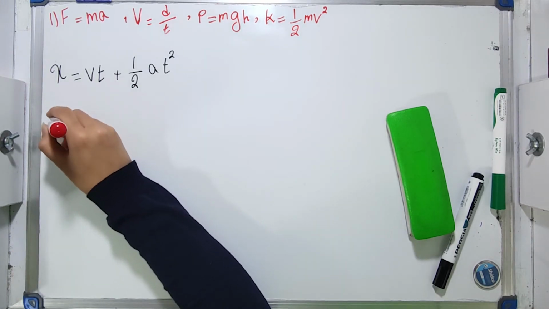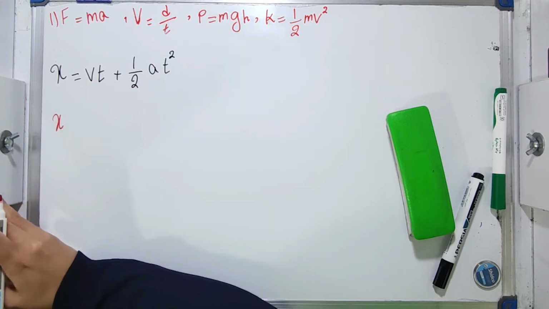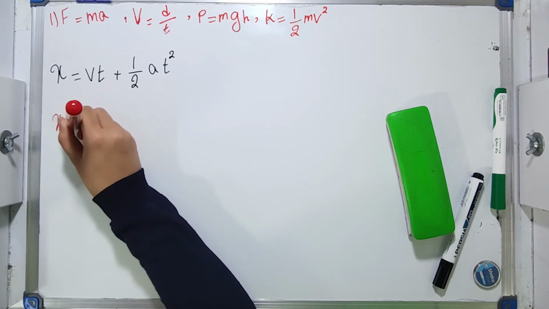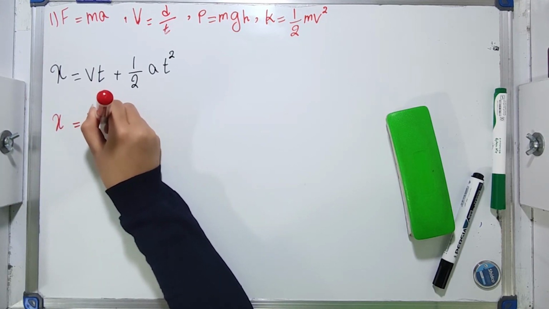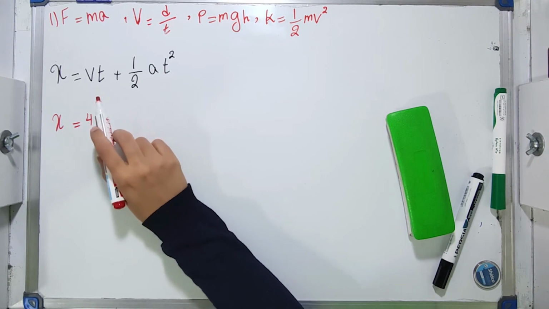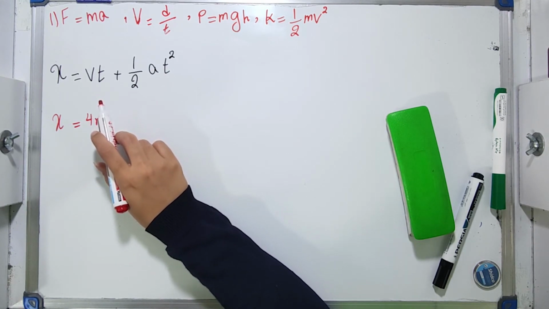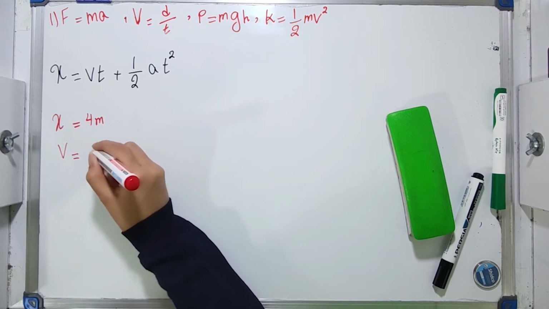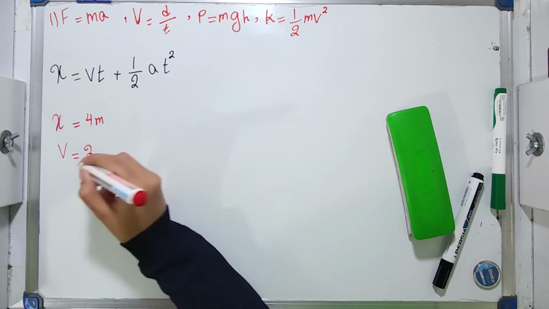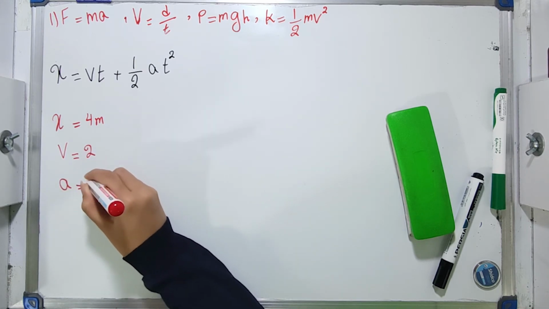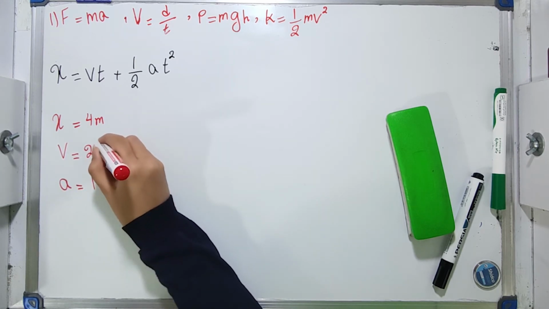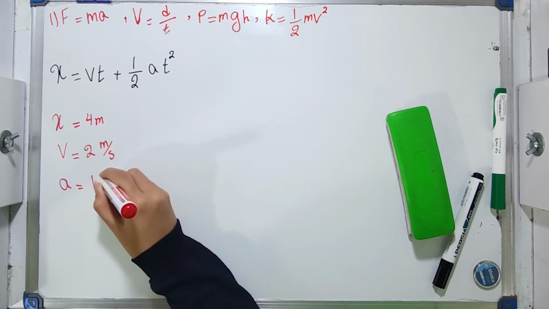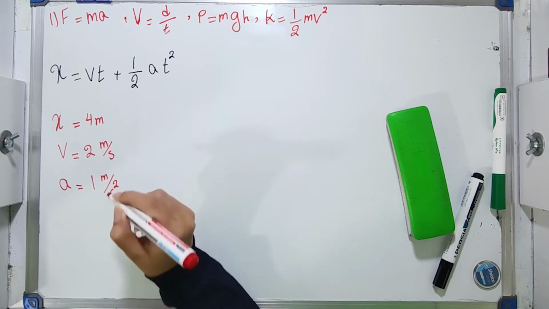For example, I know that x is 4 meters. I have v. This is a formula that grade 11 and 12 will have. v, for example, is 2, and acceleration is 1 meter per second squared.